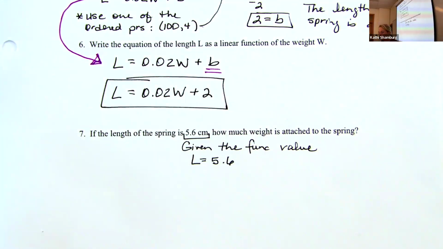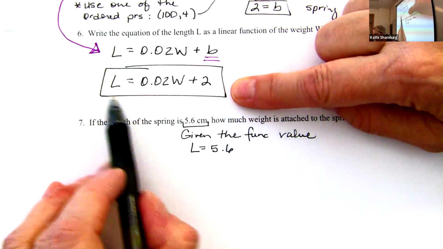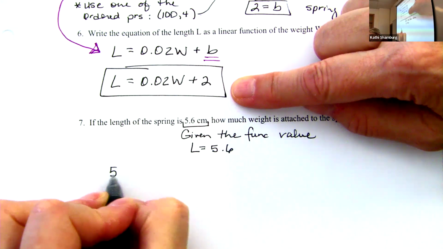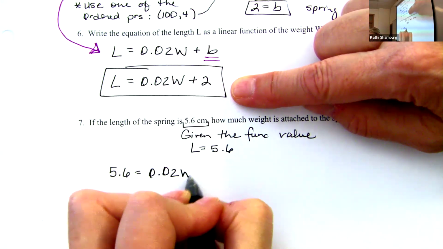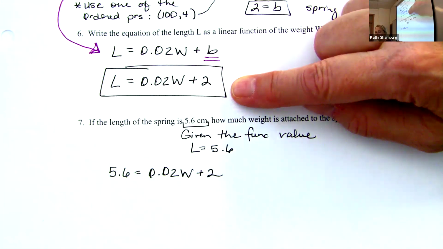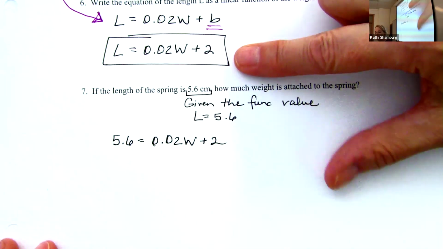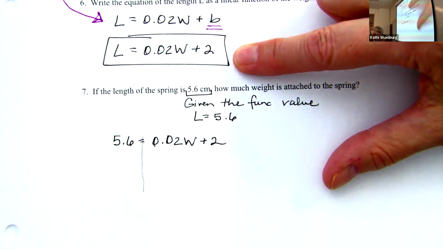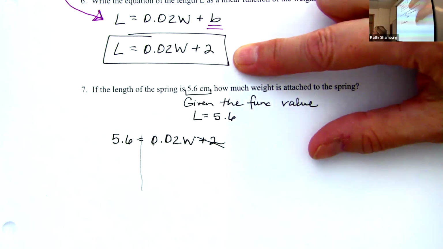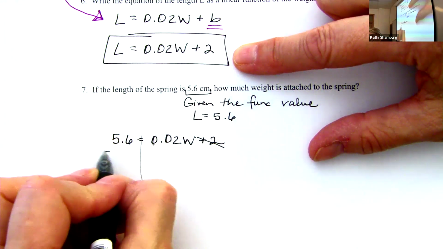Okay, so this is where you need to be careful. I'm given L. So I would have 5.6 equals 0.02 W plus 2. And then we're gonna solve for W. So the first thing that we do is we move this to the other side by subtracting it.